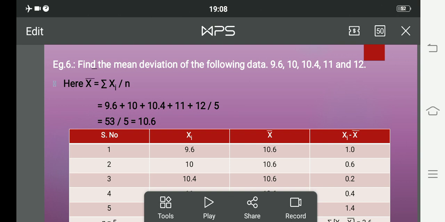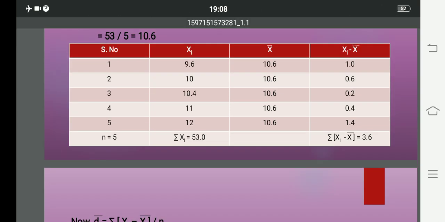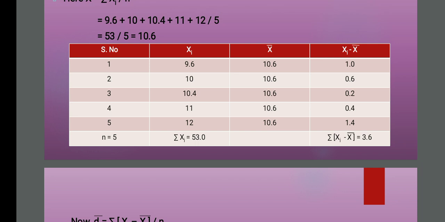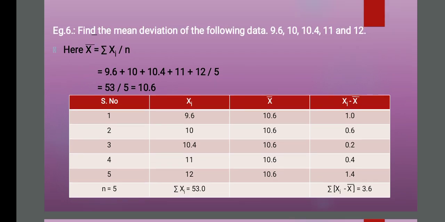Now you form a tabulation. First one is 9.6, second one is 10, then 10.4, 11 and 12. This is the xi value, the individual value, and from that you subtract 10.6, which is the mean value. When you subtract, for the first you get 1, then 0.6, 0.2, 0.4 and 1.4.